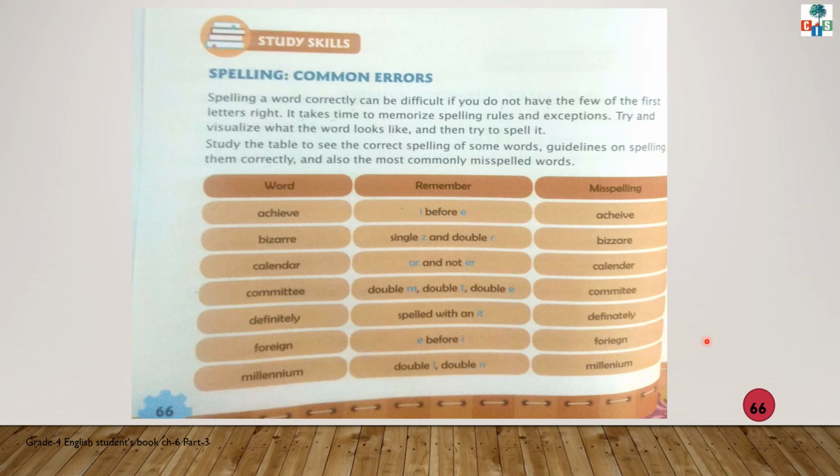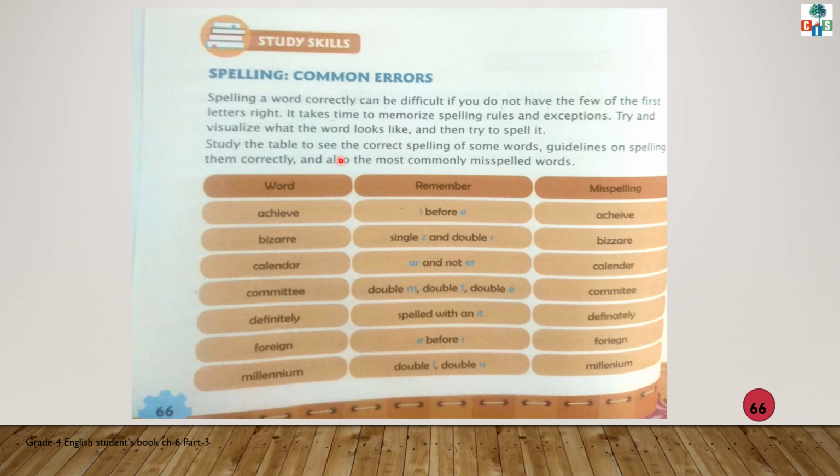Now, children, take out page number 66, study skills. Now, under this, we will get to know about spellings and their errors. Spelling a word correctly can be difficult if you do not have the first few letters right. It takes time to memorize spellings, rules, and exceptions. Try and visualize what the word looks like and then try to spell it.